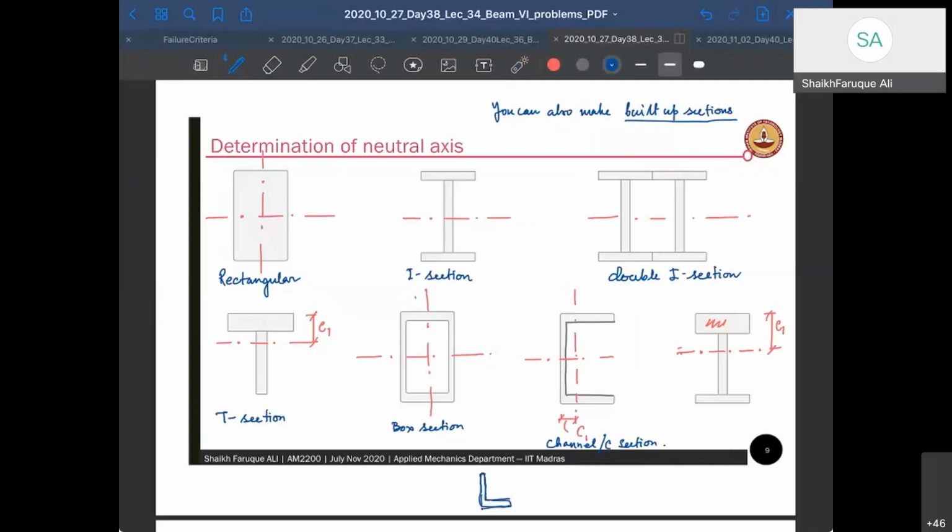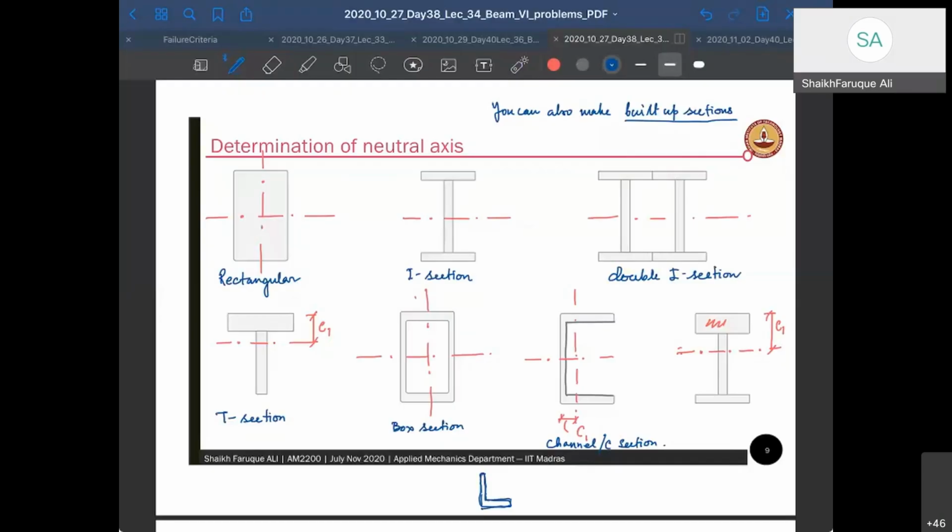That is also used. These properties will be given towards the end of any book that you take, and you should go through it just to see how they can be used in your analysis, what properties are given, and how you use those properties. All right, so please go through it.